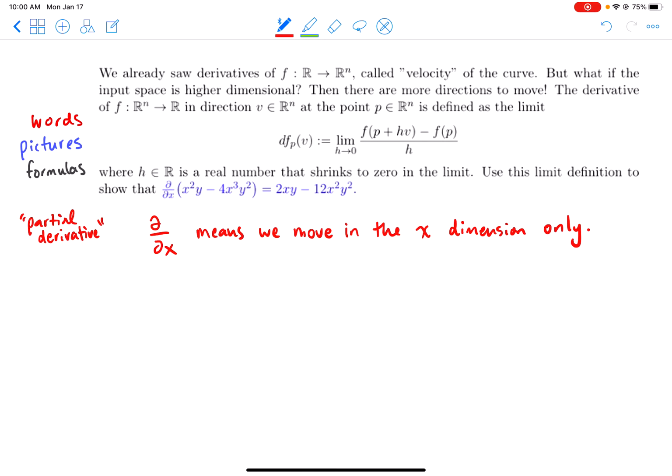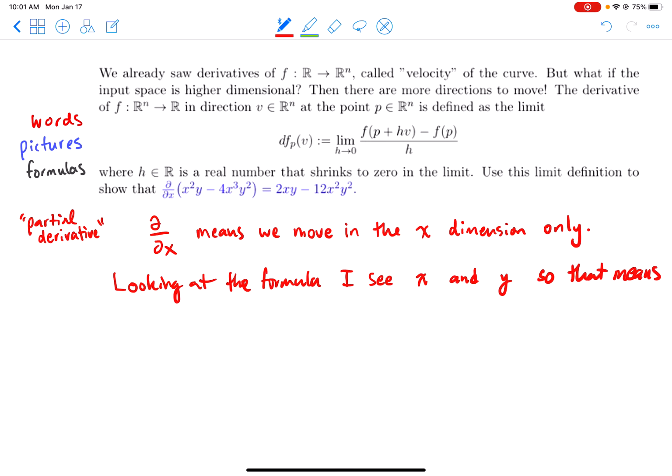And so when I look up here, looking at the formula, I see x and y. So that means my input space is two-dimensional. So that means that we have a map where the input space is two-dimensional, taking a point x comma y, because I just don't see any other variables in here. And I'm looking here.